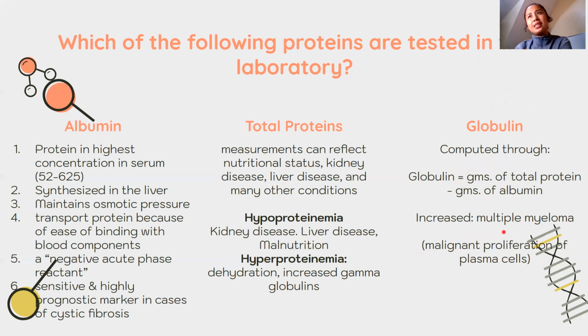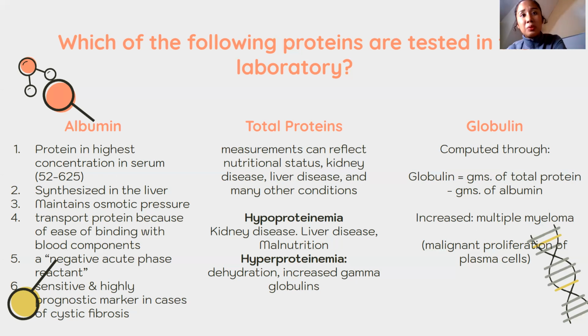So class, pag sinabi natin proteins per se, ang tinetest, so albumin. Yan. It's an indirect test of the liver's ability to synthesize protein. Your albumin is a negative acute phase reactant. So if there's inflammation, expect it to decrease. Yan. It's an important protein for osmotic pressure.